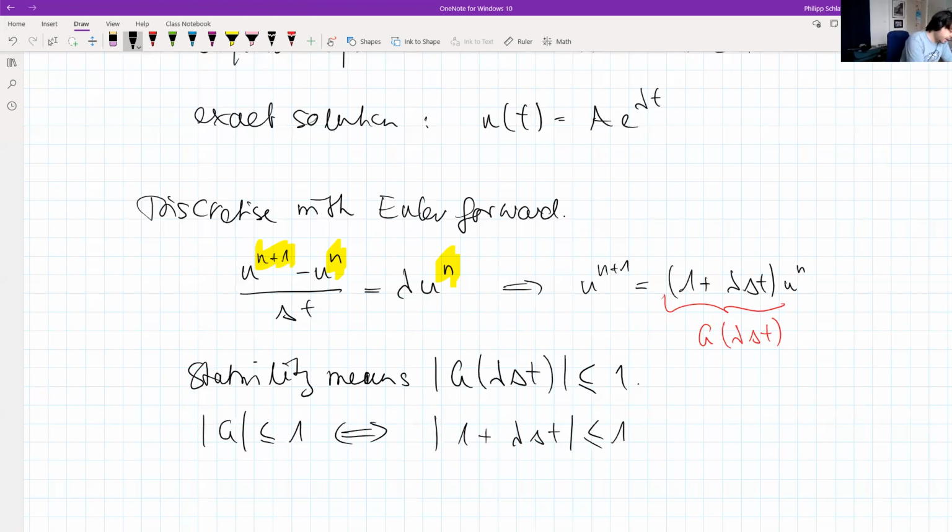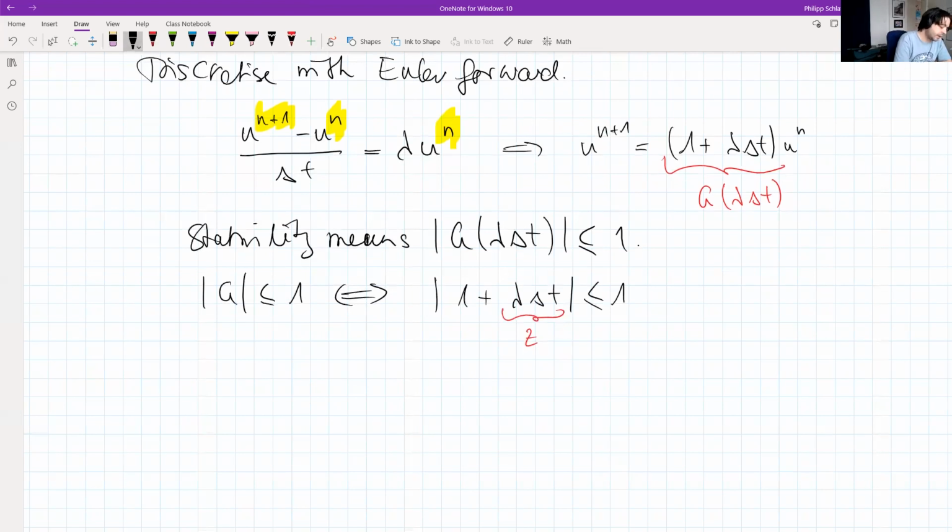And if we look at this, we can see that this lambda delta t is essentially just a complex number, which we can call z. It's a complex number because we said that lambda is actually complex, and delta t obviously is a real number, so the time step is a real number. So lambda times delta t is just a complex number.